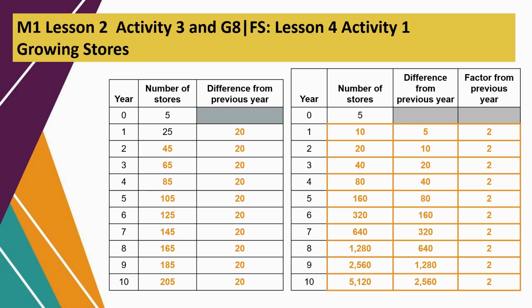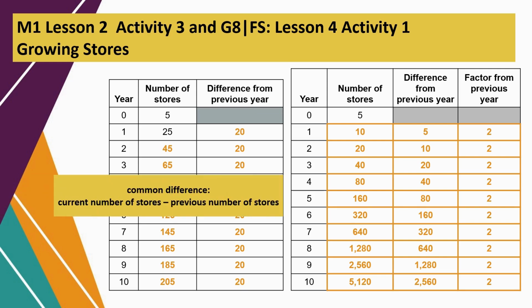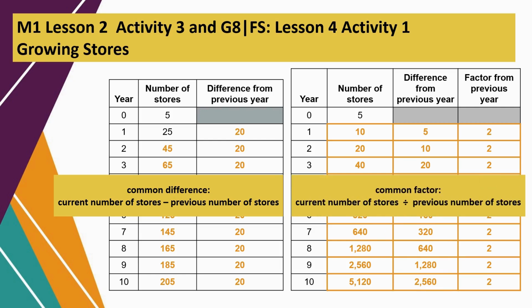Students are prompted to calculate the difference from previous year for each plan and the factor from previous year for Plan B. This builds towards defining common difference as current subtract previous and common factor as current divided by previous. It will be important for students to know how to find these values, especially when they are not as obvious as adding 20 or multiplying by 2.